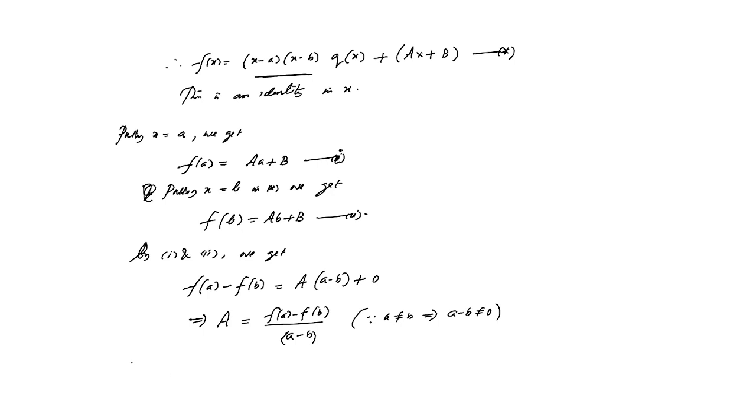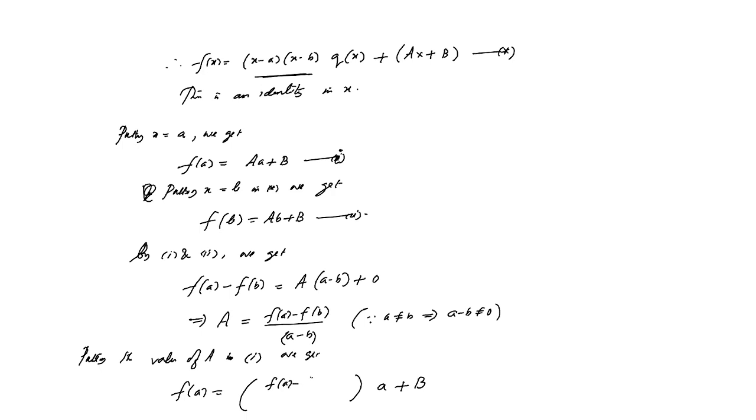Now we have to find out the value of B. So putting the value of A in 1, we get f(a) equals Aa plus B. So what is capital A?